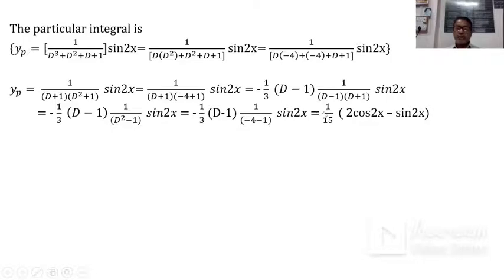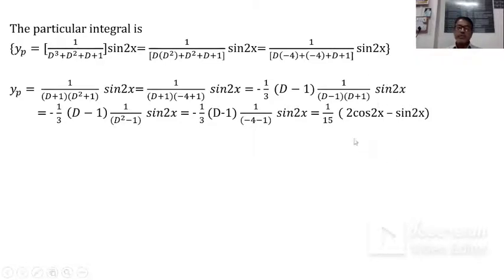This becomes minus minus plus 1 upon 15 and operate D minus 1 on sin 2x. Derivative of sin 2x is 2 cos 2x, minus 1 into sin 2x is sin 2x. This is our yp. And after simplifying this, we get this step. Here we obtain minus 1 upon 3, 1 upon D plus 1 operate on sin 2x. From this, we come to this step.